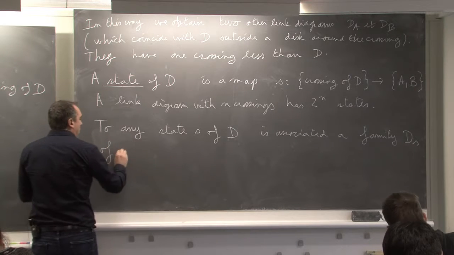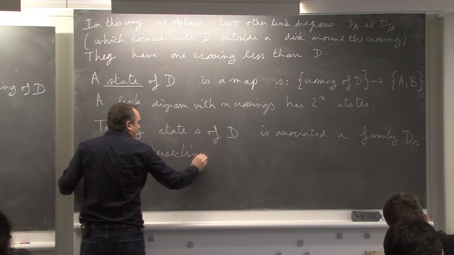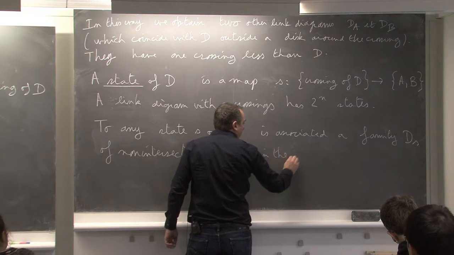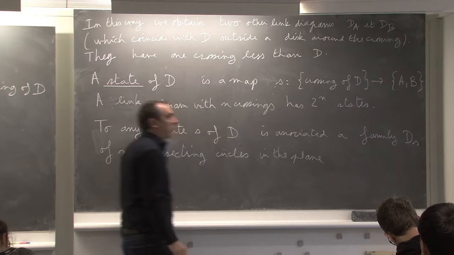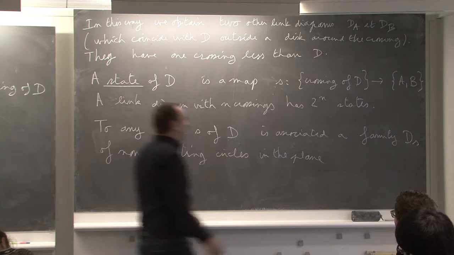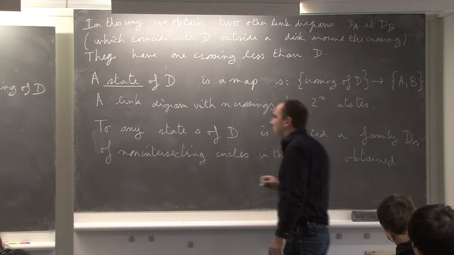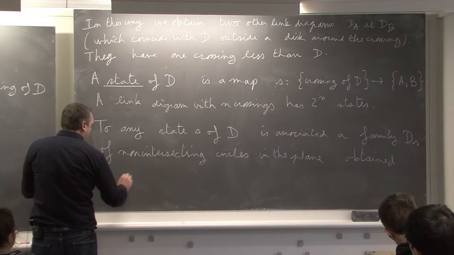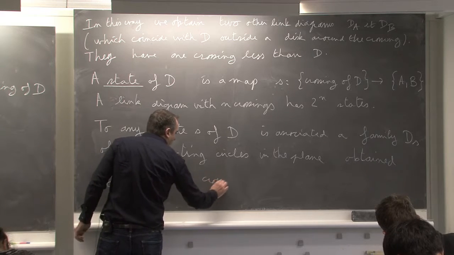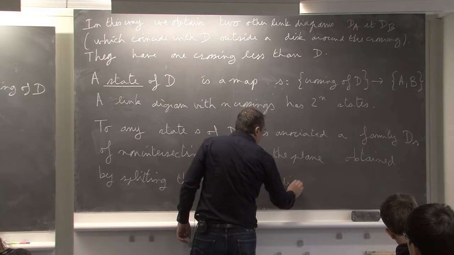Of non-intersecting circles in the plane. And how do we obtain this family of circles? It is obtained by splitting the crossings according to their states.